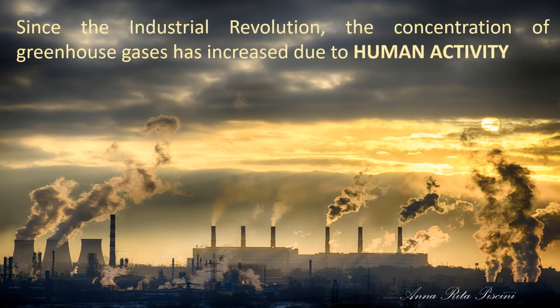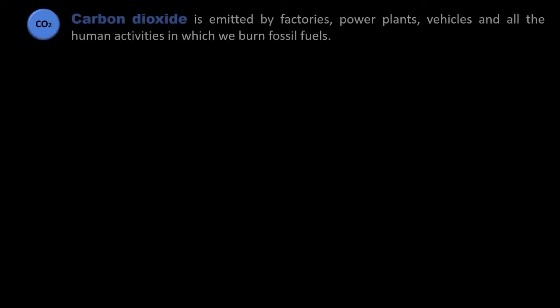Since the Industrial Revolution, the concentration of greenhouse gases has increased due to human activity. Carbon dioxide is emitted by factories, power plants, vehicles, and all the human activities in which we burn fossil fuels.